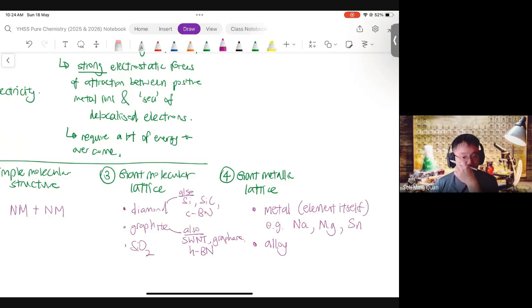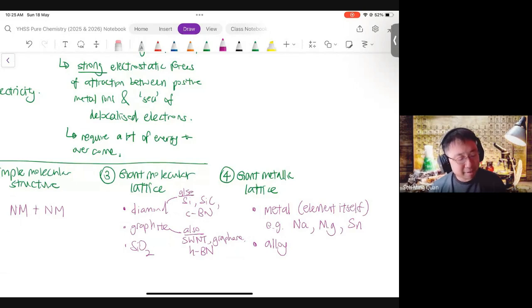Doesn't matter what the element is. All right. So, like for example, that day we did in class, brass. Brass is an alloy of copper and zinc. So brass has metallic lattice as well. All right. So you need to know firstly what is inside. How can you tell from the name? The element's name tells you which is which already.